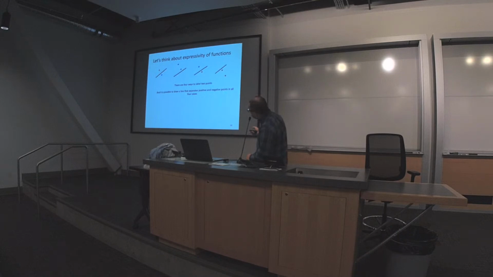From this simple experiment, we can see that it is possible to draw a line that separates positive and negative points in all labeling schemes. In this case, we are confident to say that our line hypothesis space is enough to shatter 2 points.